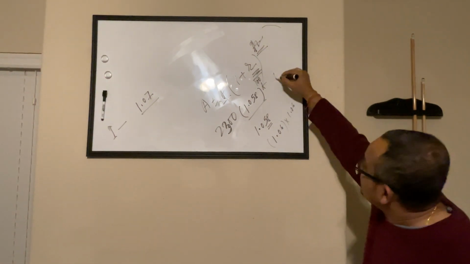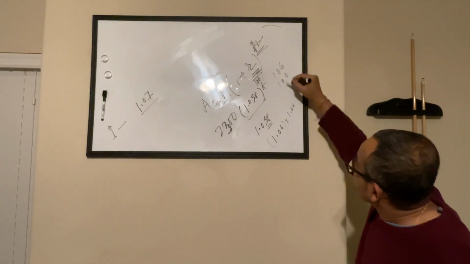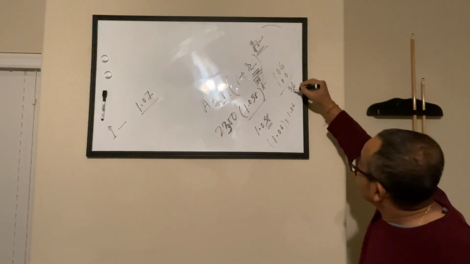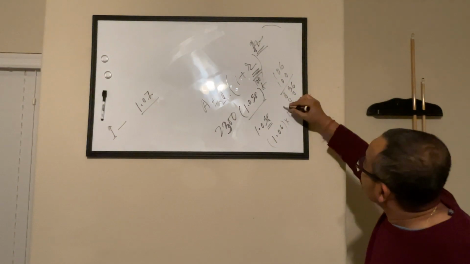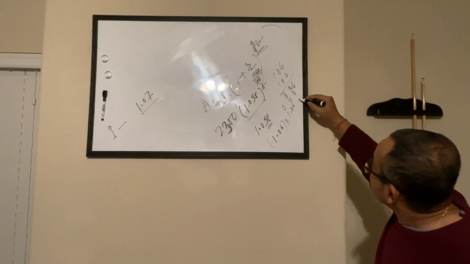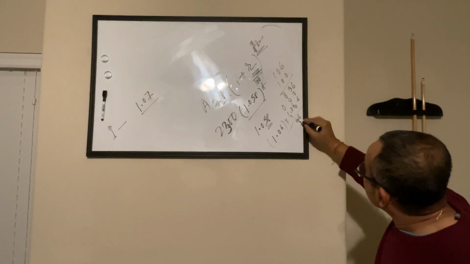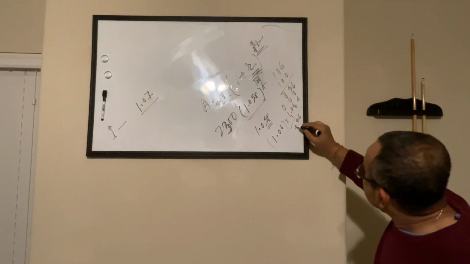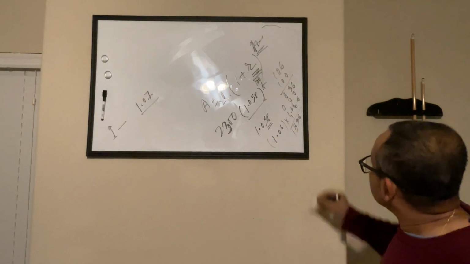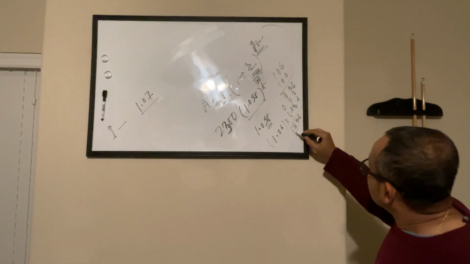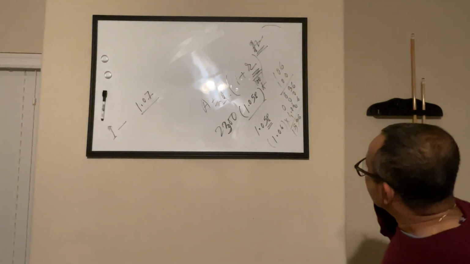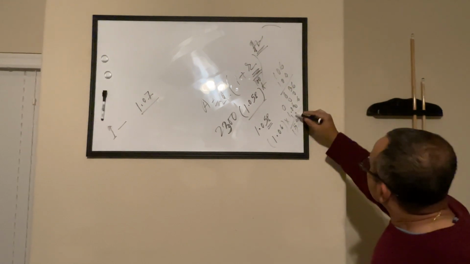Okay, so 106 multiplied by 106, that makes it 6961, 1916, and then did I miss something?